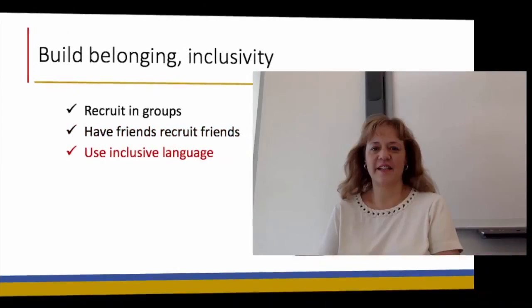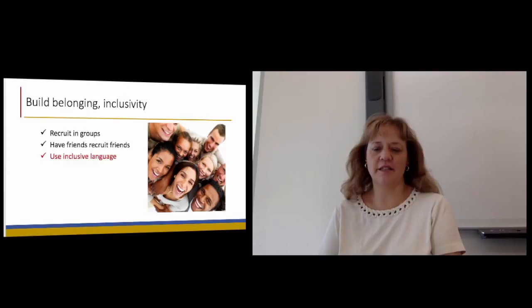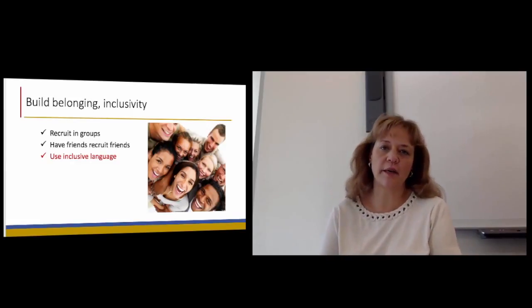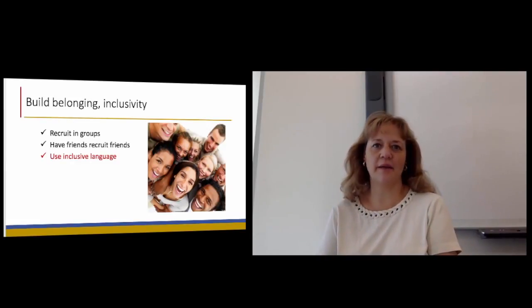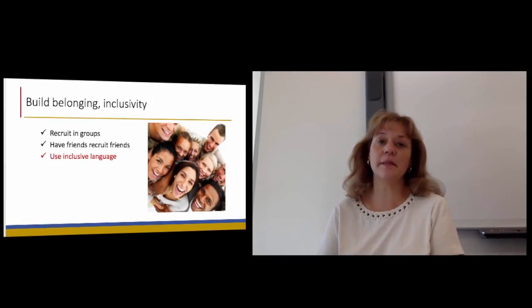So when you're talking about computing and computing occupations, just be sure that you're using inclusive language. Don't have all of your examples be talking about white middle class males, like, for example, Matthew and Stephen. You should be mixing it up, using different names that have a connotation of a wider range of ethnicity, of gender, and maybe even some that are ambiguous.